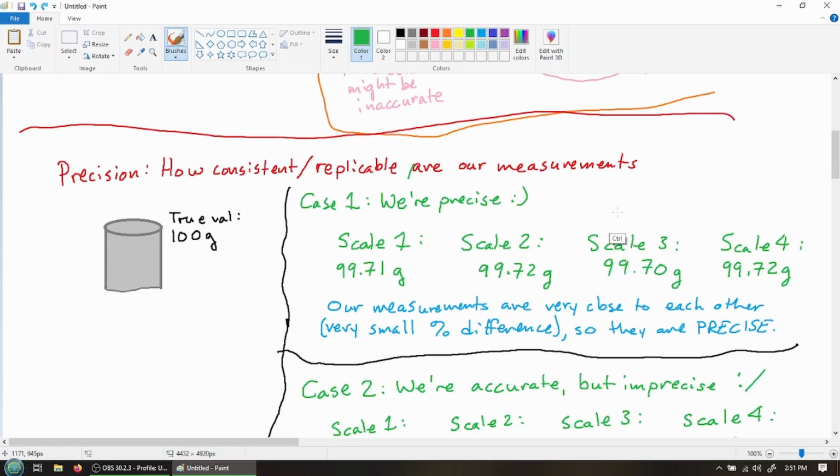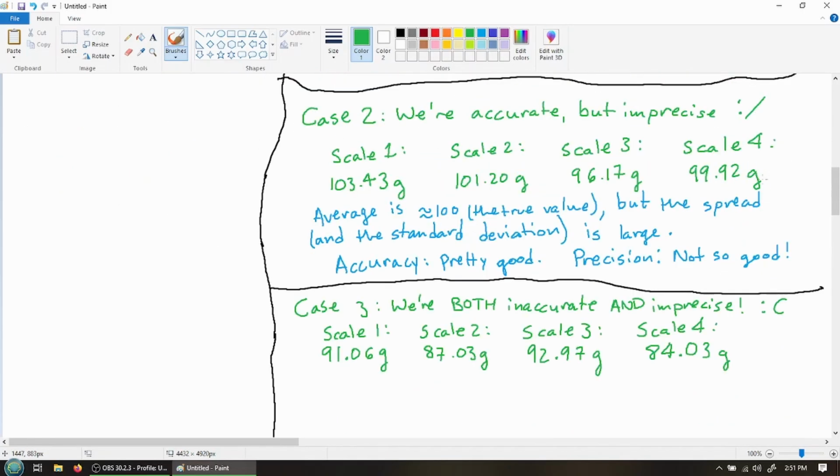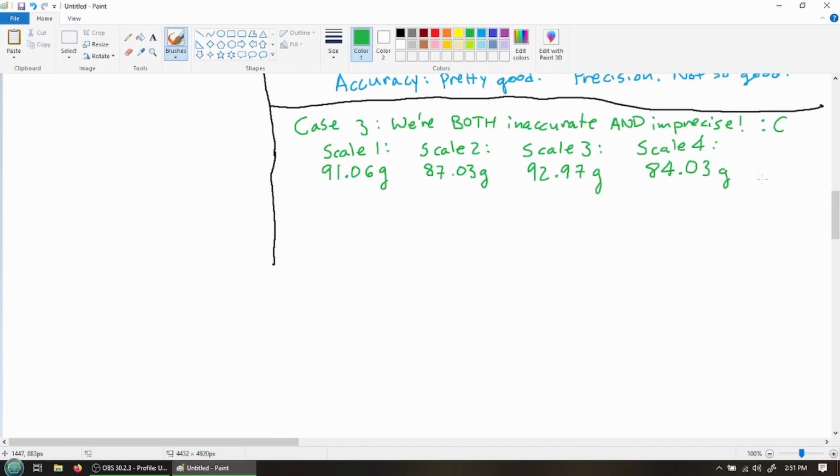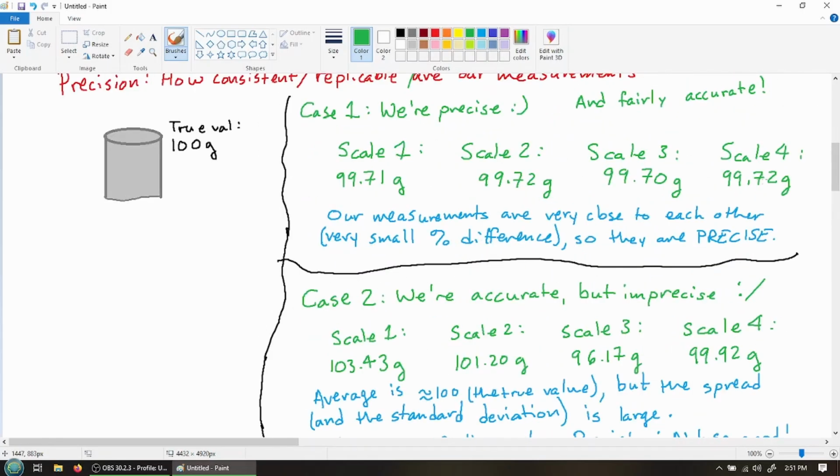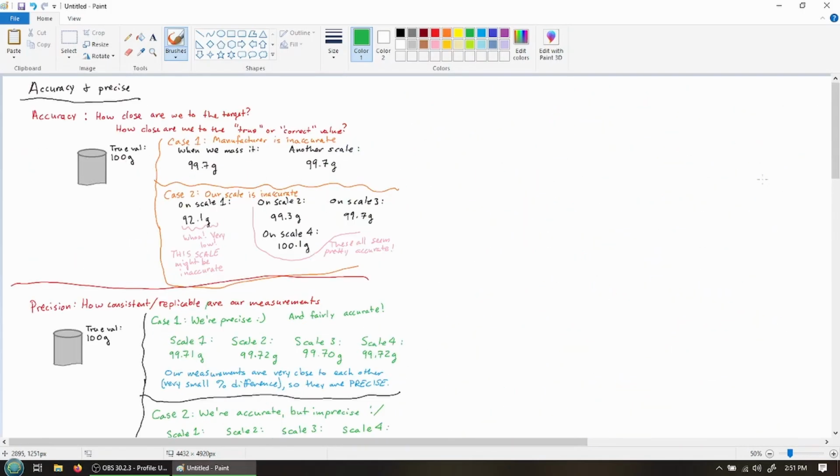So I'm actually going to add one little note up here. We're precise and fairly accurate. We're not exactly right on 100, right? But we're reasonably close. So we can look at all of these and get a picture, I think, of accuracy and precision. But now, let's take a look at these in a less scientific context.